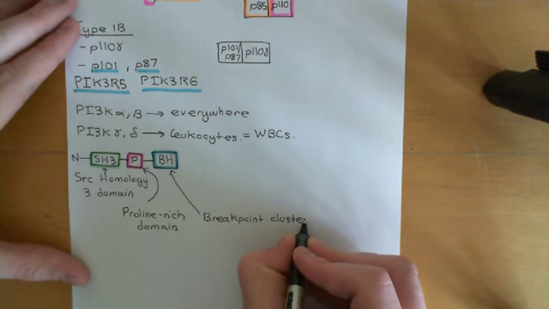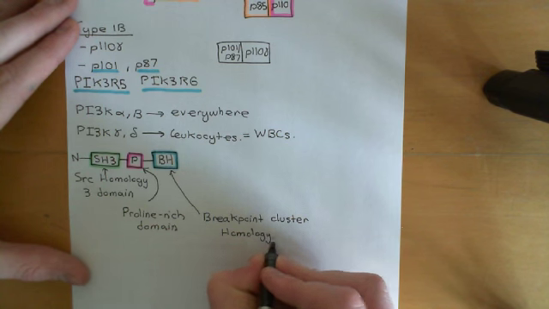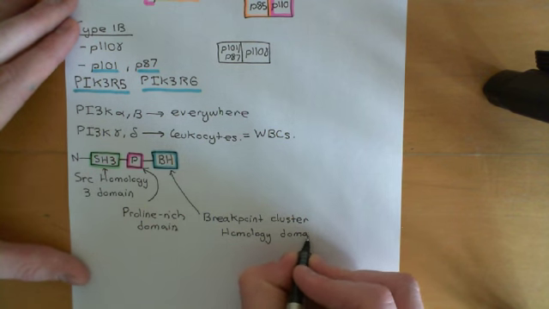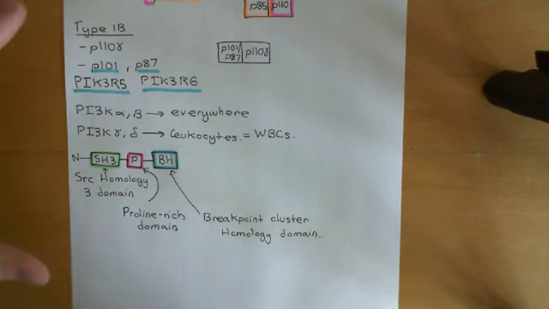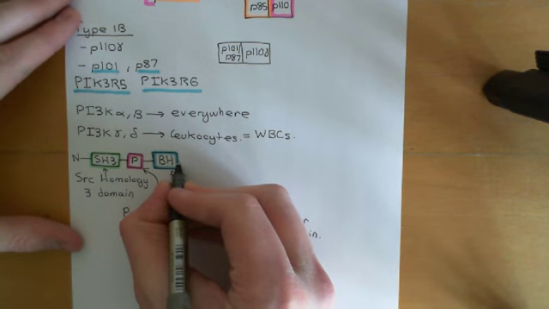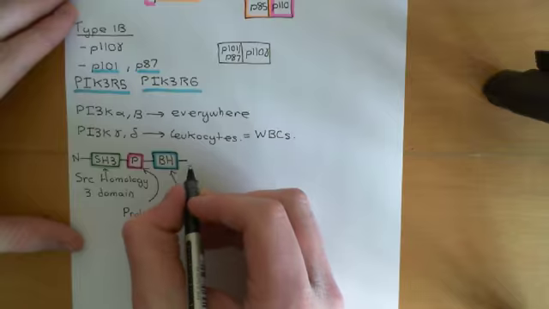Okay, so breakpoint cluster homology domain. Right, so those are the three domains that you only have in P85 alpha and P85 beta, but not in the final three. So those can't be essential for their function as a regulatory subunit of PI3 kinase catalytic subunit. Okay, right, so now we start the essential bits, and these are present in all 5 of them.